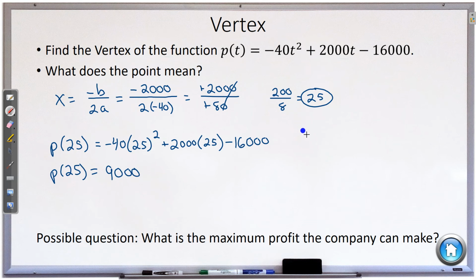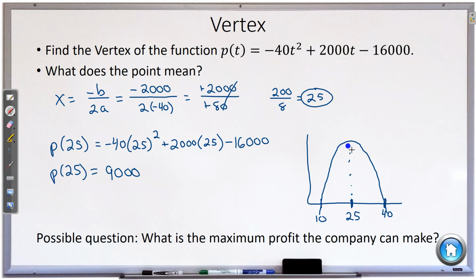But if we go back to what our parabola looked like, here was, what was it, 10, I believe. It goes up, and comes down, and over here was 40. 25 is in the middle. If I go all the way up to the top where the vertex is, 25, 9,000.